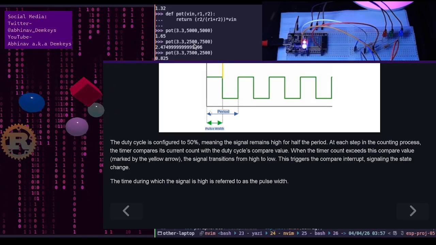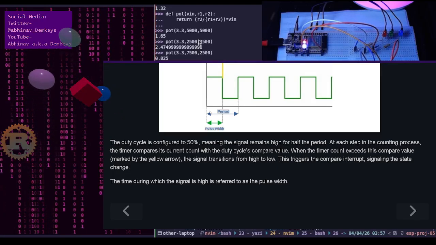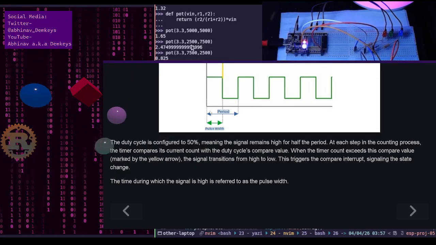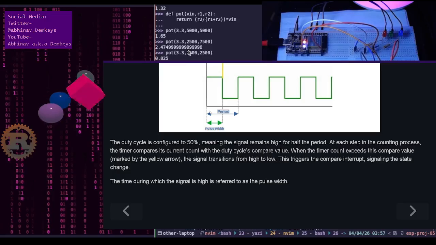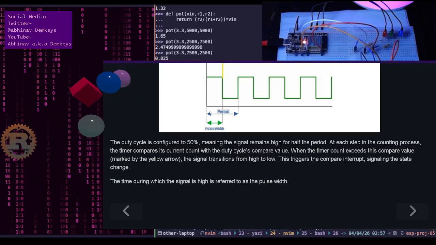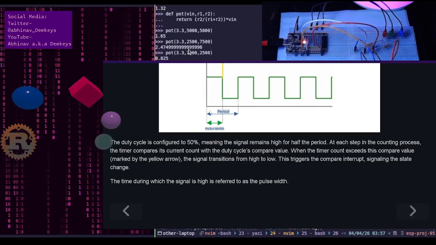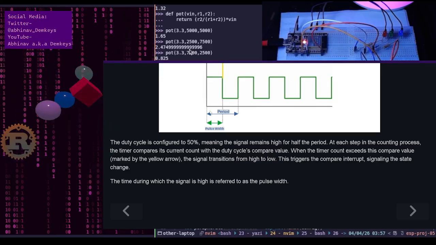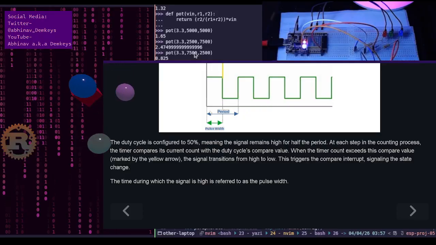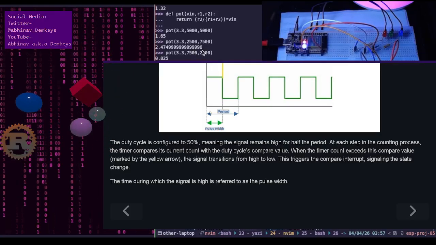Now I have a follow-up. What is pulse width? What is it measured in? I should say what unit? What unit is it measured in?